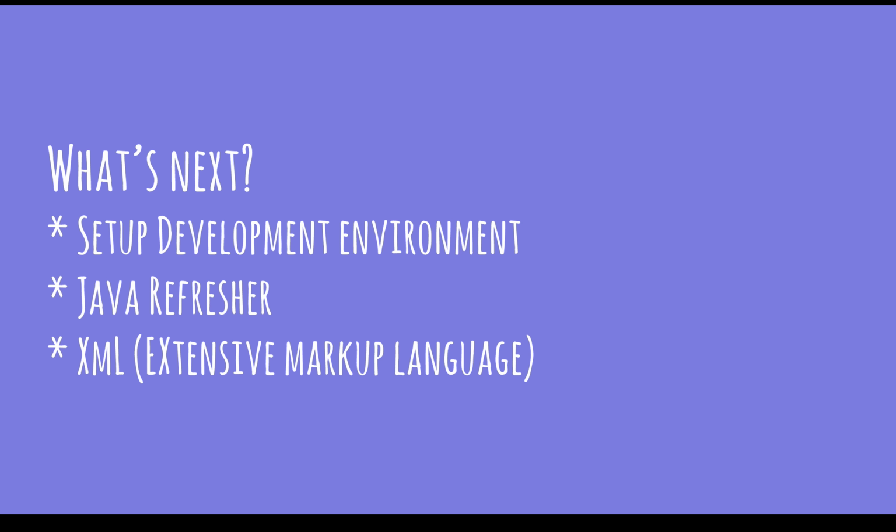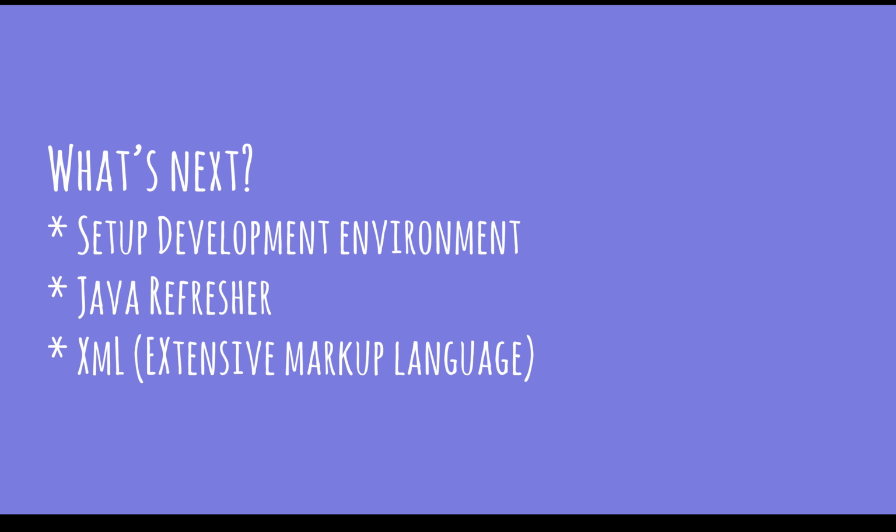So the next thing that you have to do is set up your development environment. And those of you who aren't familiar with Java need to do the Java refresher. And then we'll talk a little bit about XML, which is the extensible markup language. In iOS, we built our interface using the Xcode interface, and then it generated the code in the background.